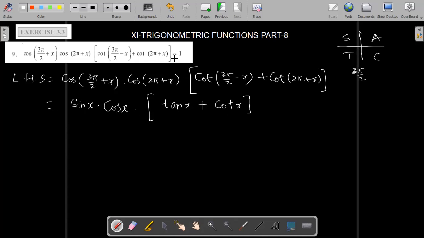Now you have to solve to get the value 1. So sine x cos x, leave it as it is, and convert tan and cot into sine and cos. So tan x can be written as sine x upon cos x, plus cot x is cos x upon sine x.